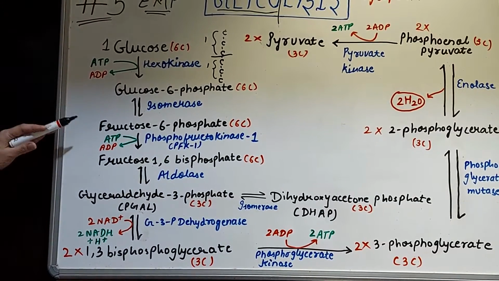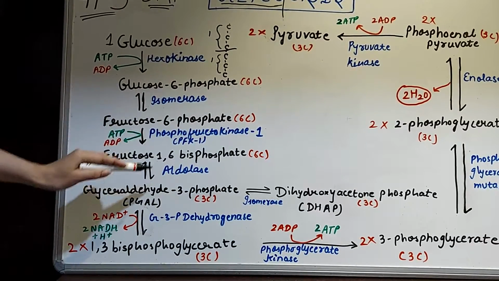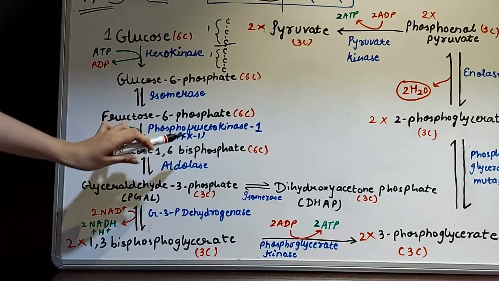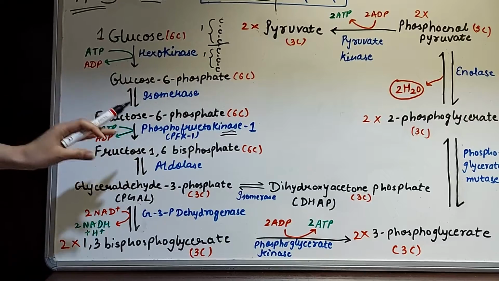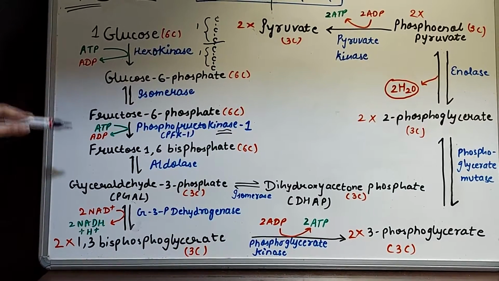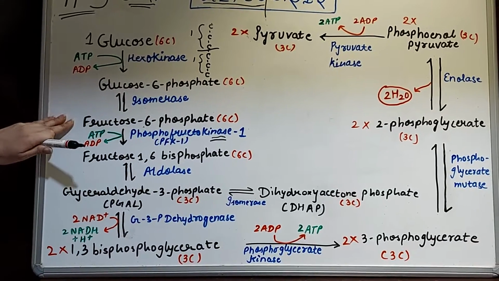Now this fructose 6 phosphate is converted to fructose 1,6 bisphosphate. The enzyme is phosphofructokinase. Again kinase came, which means it plays the role of adding phosphate. So there was already a phosphate group at the 6th carbon of the fructose moiety.